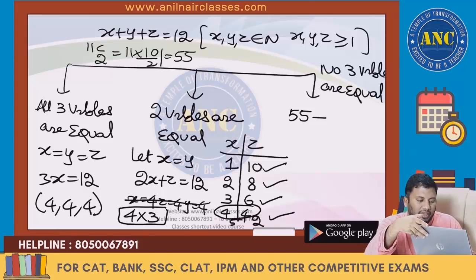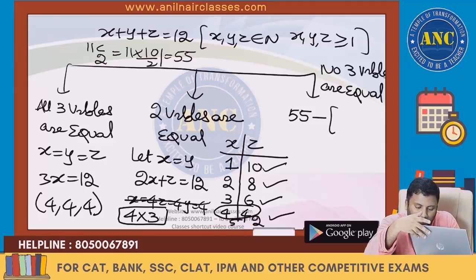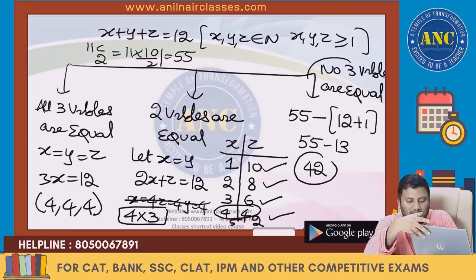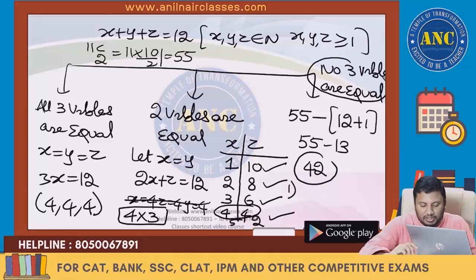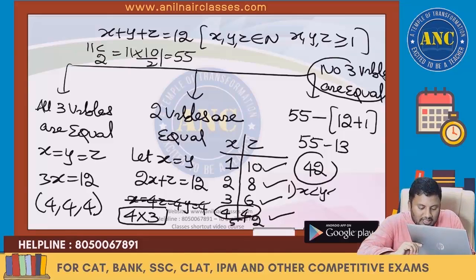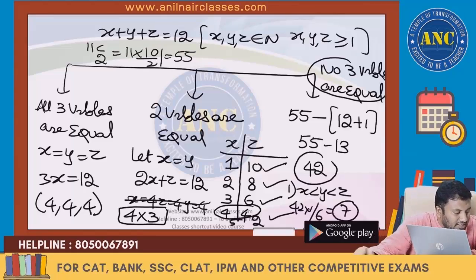If no 3 variables are equal, 55 minus of 12 plus 1. 55 minus 13, which is 42. 42 cases are there when no 3 variables are equal. So if x is less than y less than z, 42 into 1 by 6. 7 cases I will get.